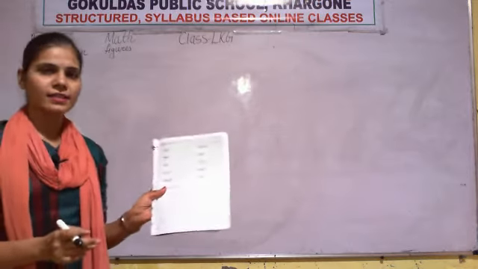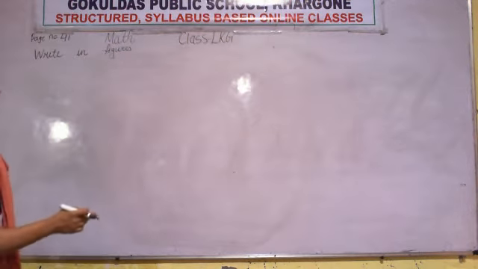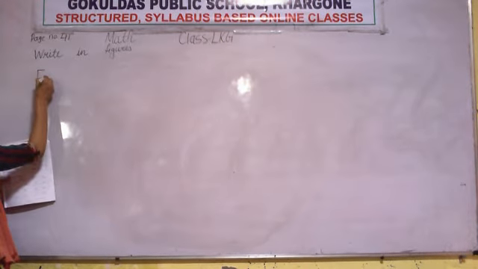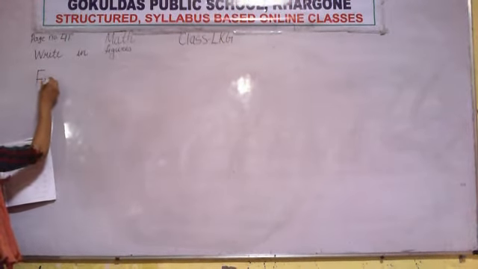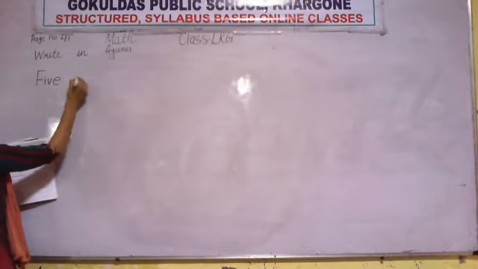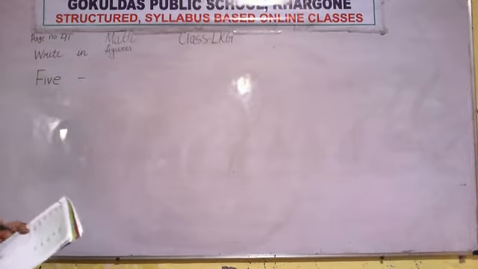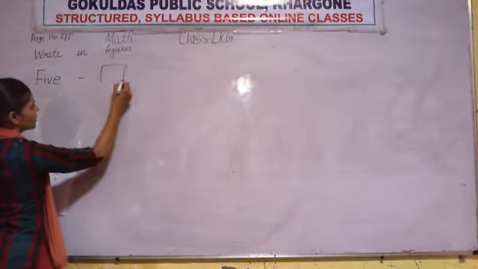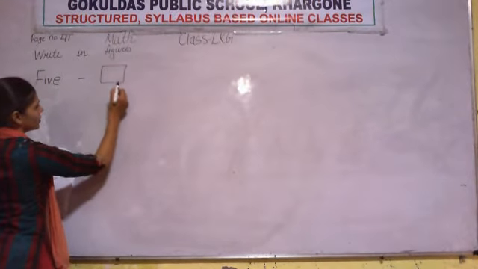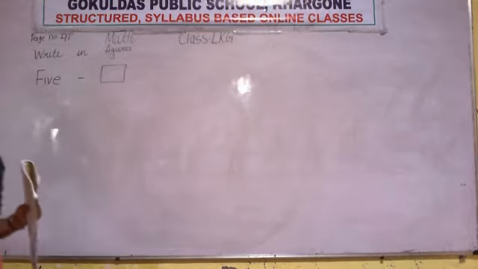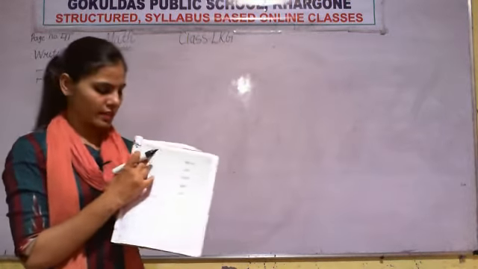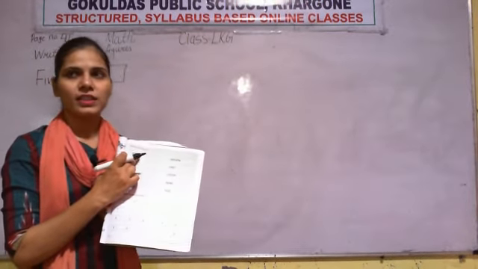Okay, so let's start. On number 1, F-I-V-E. Here is one block. In this block you write the number 5, because the spelling of 5 is FIVE.